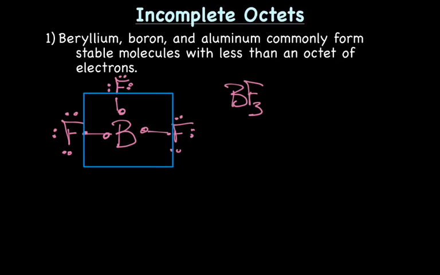Boron has 2, 4, 6. It only has 6 valence electrons after bonding. Okay, that's an incomplete octet.